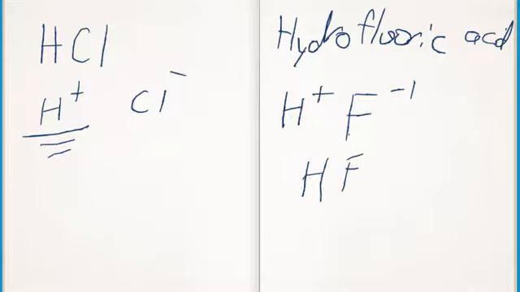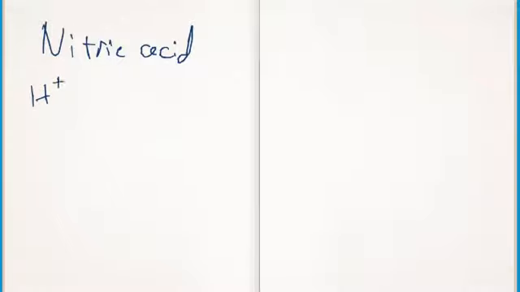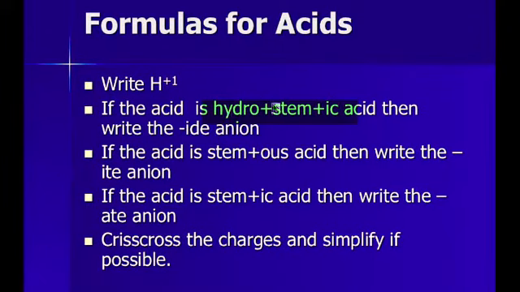All right, let's try another one. Let's go nitric acid. What's the first step? H plus 1. And then nitric. What kind of acid is it? Look at your notes. Is it a hydro-stem-ic acid? No, can't be that, because then it would be hydronitric acid. Is it nitrous acid?